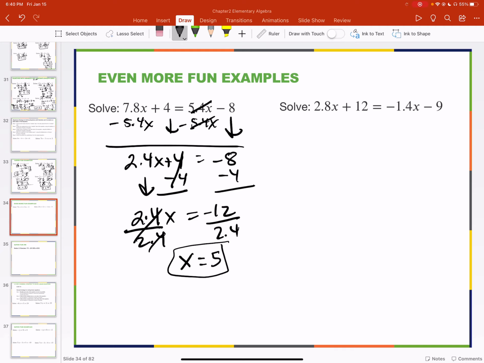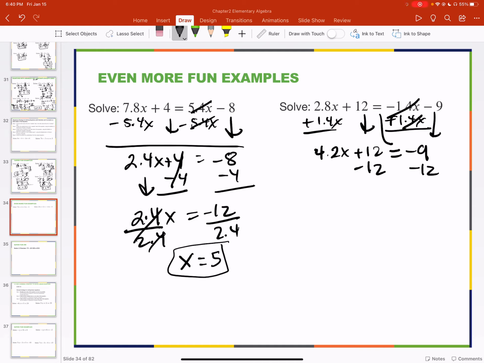So then here we have negative 1.4x, so I'm going to add 1.4x to both sides. That's going to cancel on the right-hand side, and this is going to become 4.2x. Then bring down the positive 12, bring down the equal sign, bring down the negative 9. Okay, there you go. Then to isolate the variable, I'm going to subtract 12 from both sides.